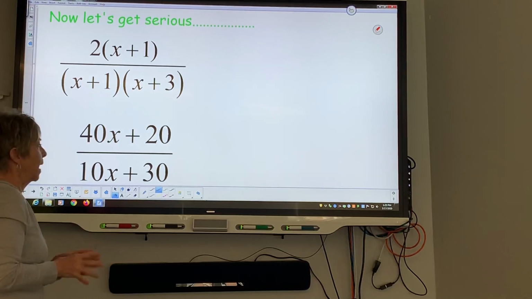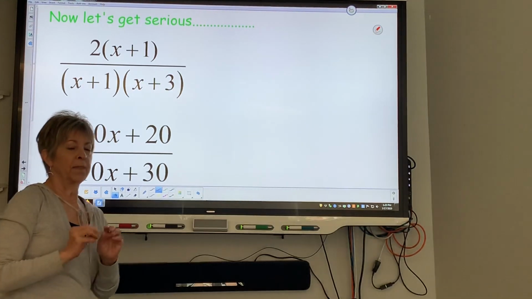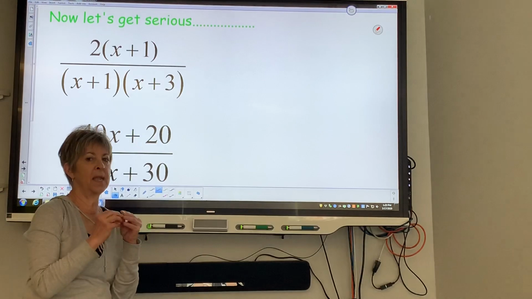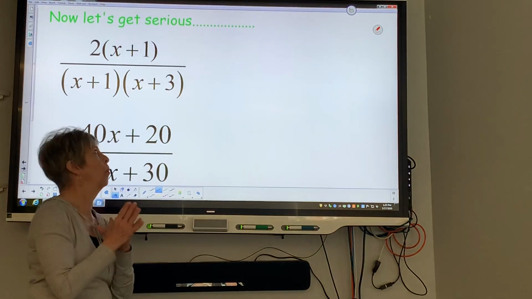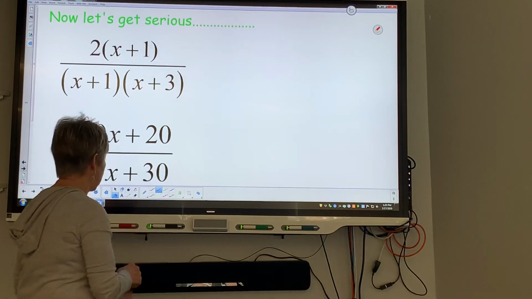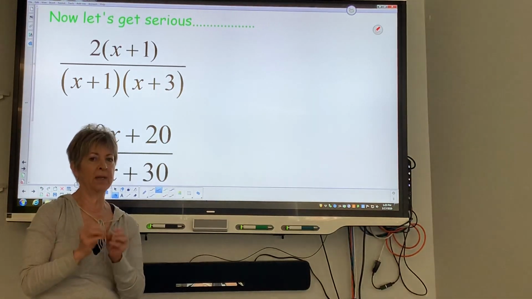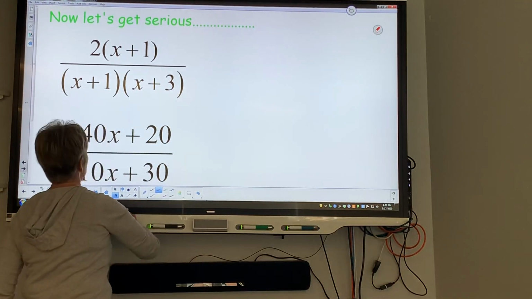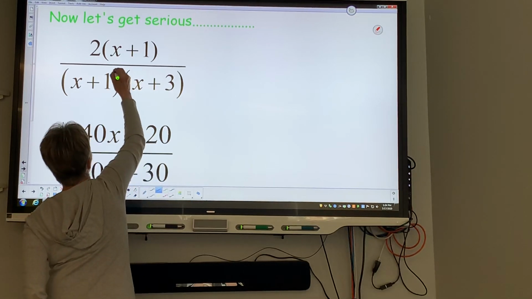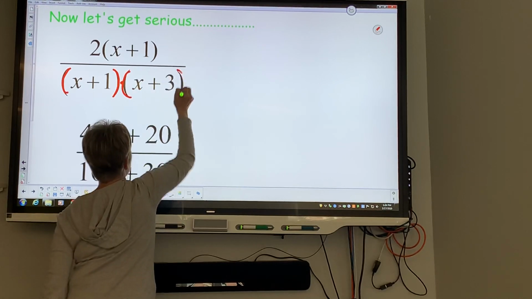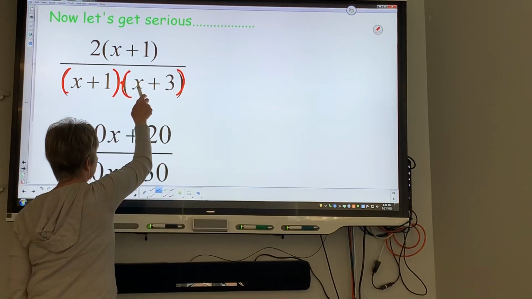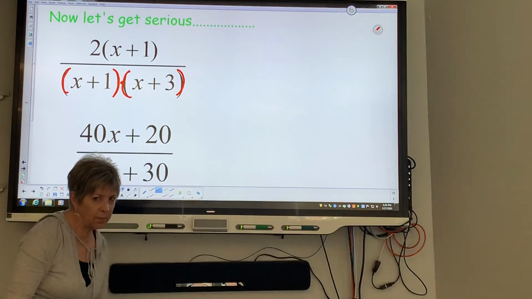All right, now we said the key was that you had to find a like pair of factors in the numerator and denominator that could become 1. Now here's the key. Factors are separated by multiplication. So in the denominator, this whole quantity is a factor. x is not a factor, 3 is not a factor.